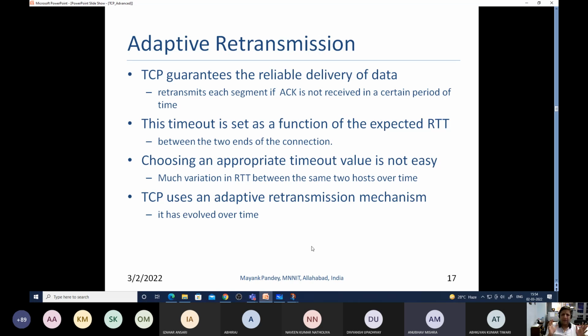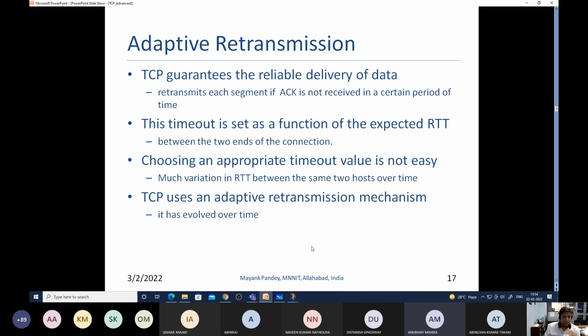TCP guarantees the reliable delivery of data, as we know. They retransmit each segment if acknowledgement is not received in a certain period of time. Now, as I told you, this timeout has to be adaptive according to the network condition. The timeout is set as a function of the expected RTT between the two ends of the connection.